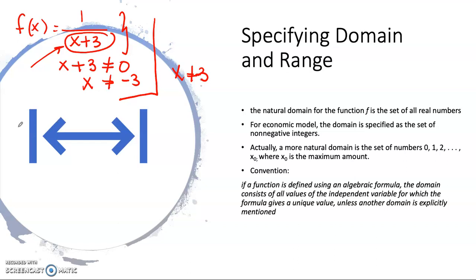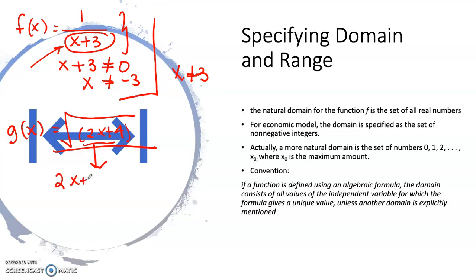Another example is the function f(x) equals the square root of 2x plus 4. For a square root function, we cannot have a negative value under the square root, right? Thus, for this function to have a result, we could solve this inequality first. It should be non-negative.